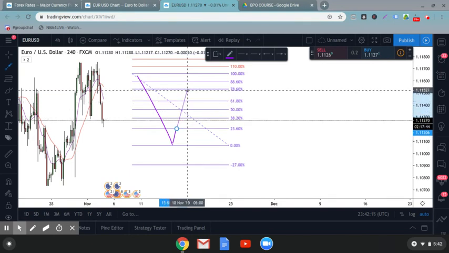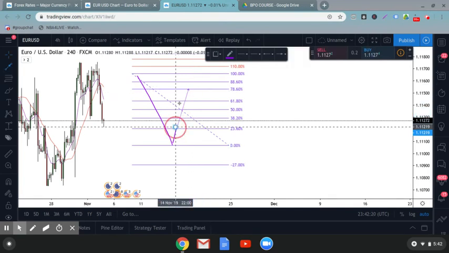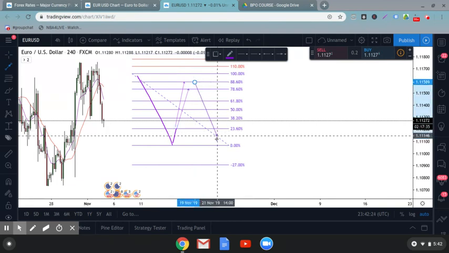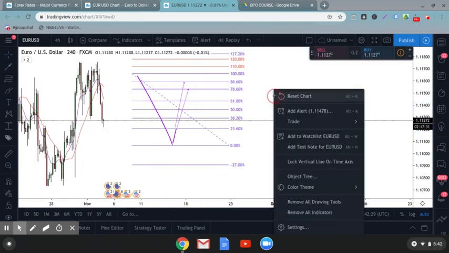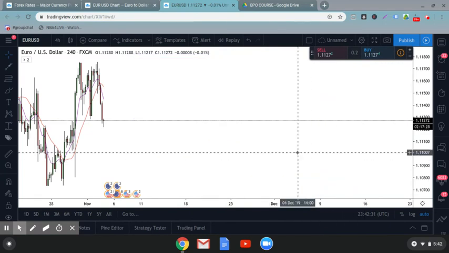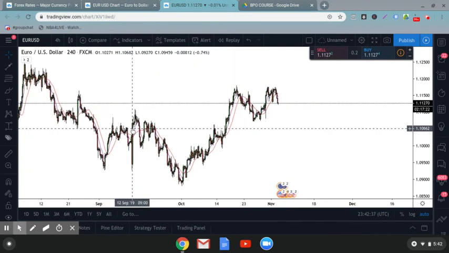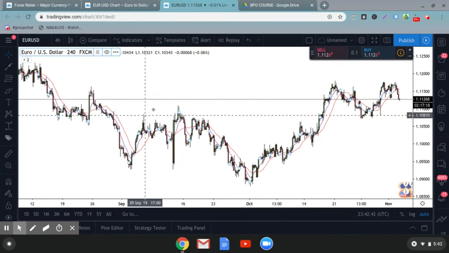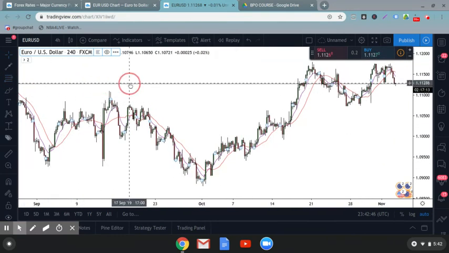We could buy up to that region, and then sell. What's to say that we can't do that? See what I'm saying? So, that's just a basic little fib. Like I said, let's just place a couple. Swing high, swing low. All right, we already did this one. Let's just put it back out there.